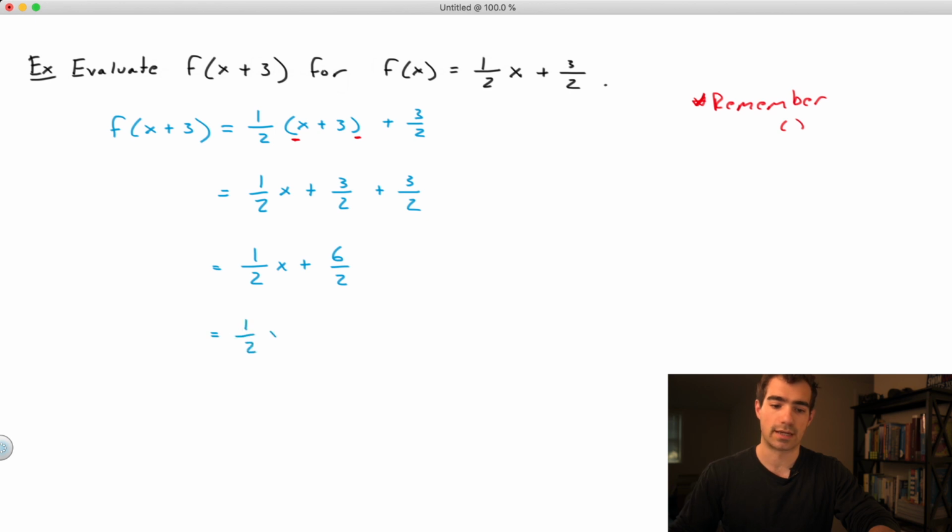And so we have 1/2 x plus 3. And this would represent our final answer. So we could summarize as, therefore, f of x plus 3, the quantity x plus 3, is equal to 1/2 x plus 3.